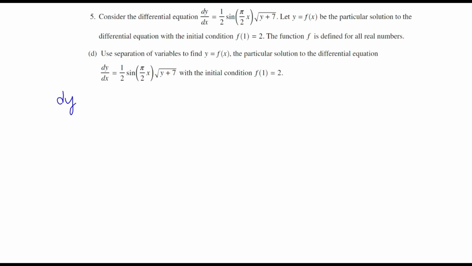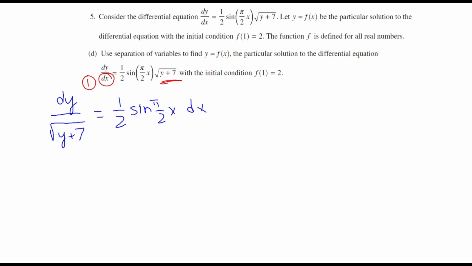We'll do dy over root y plus 7 is equal to 1/2 sine pi over 2x dx. And that's the separating the variables part. That's worth 1 point, right? You're bringing the y stuff over to the left-hand side and the dx over to the right-hand side. And they give you 1 point just for separating the variables.